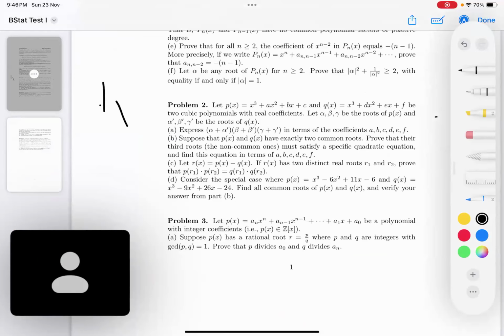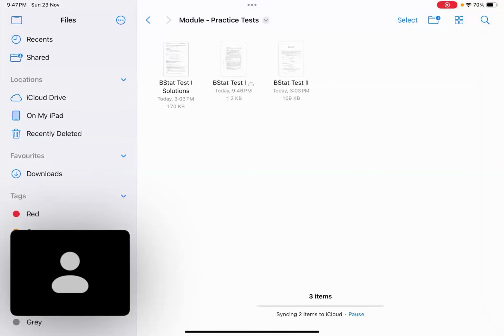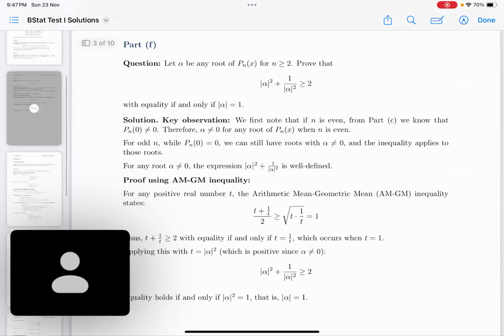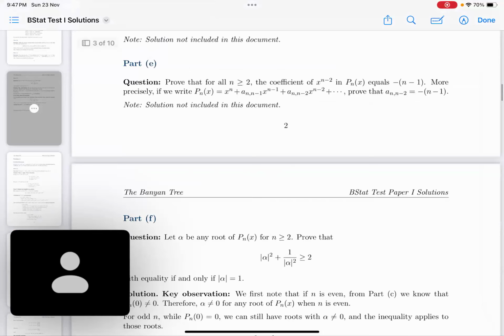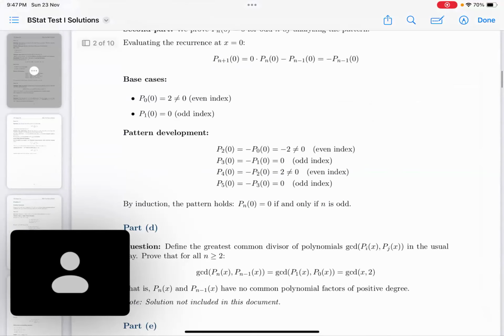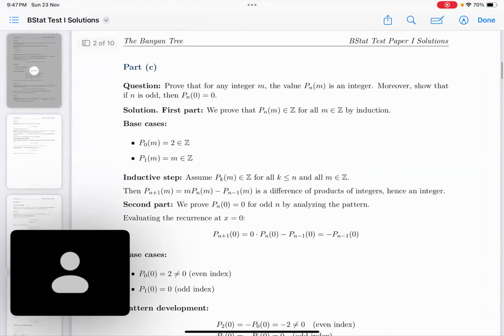And in problem 1, part E, I wasn't able to do it.